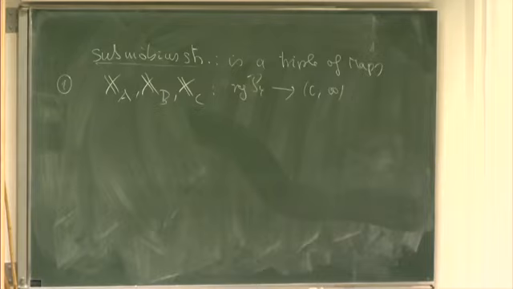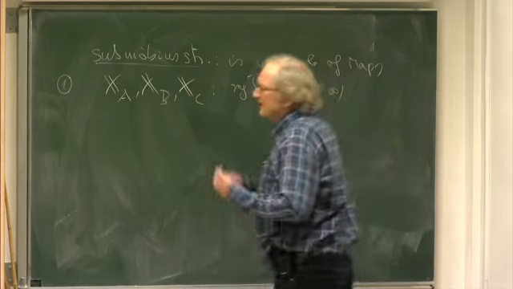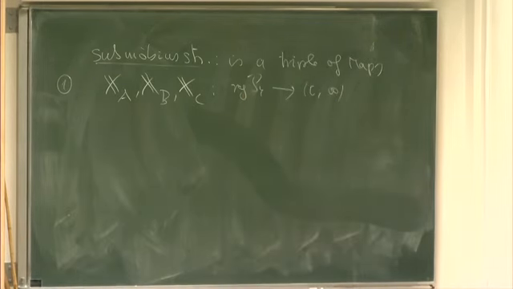Equivalently, you could say a sub-Moebius structure is a map into this sigma, into this triangle in projective space, which satisfies this symmetry condition.